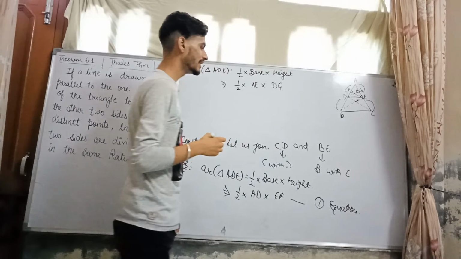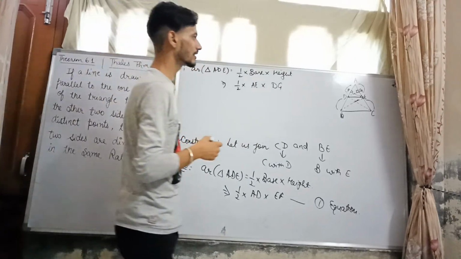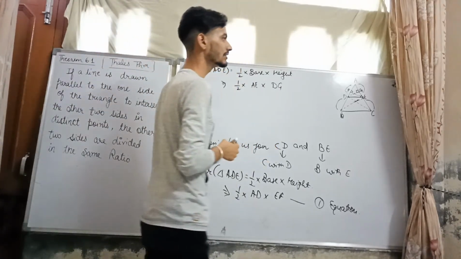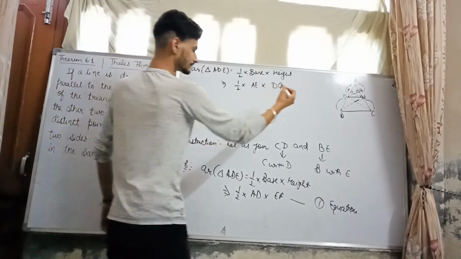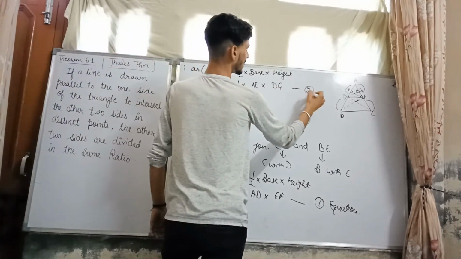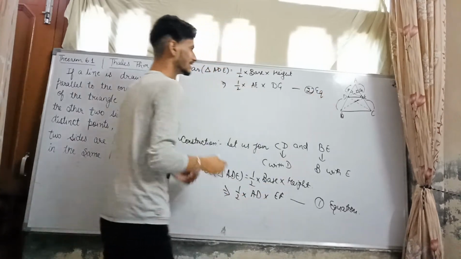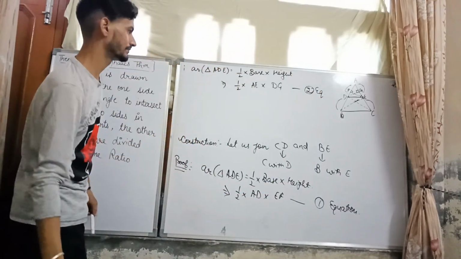DG is the perpendicular drawn from the opposite vertex when AE is the base. So it's our second equation.